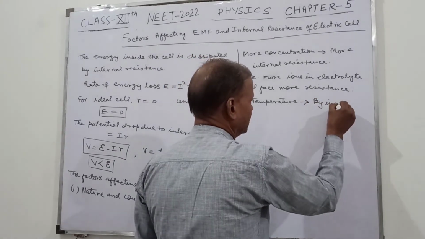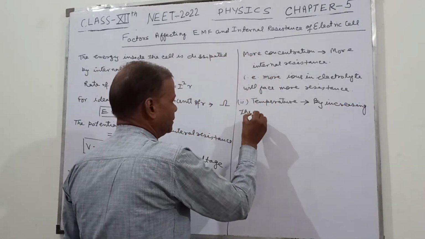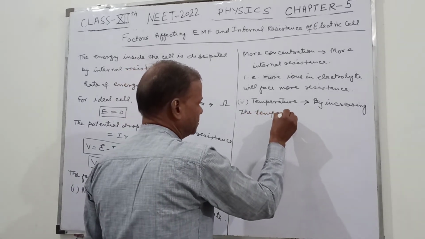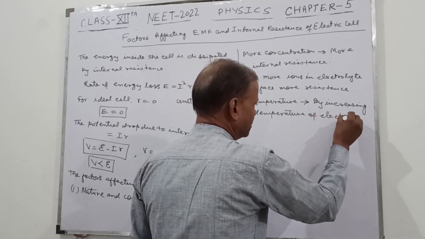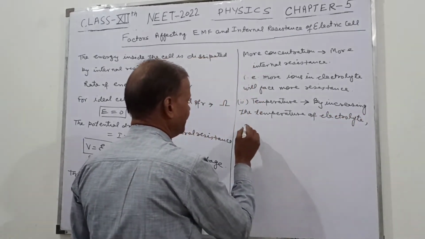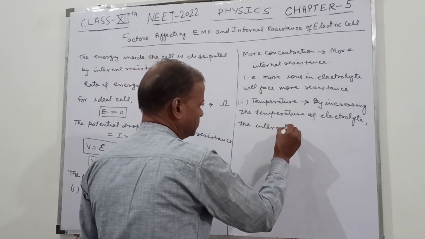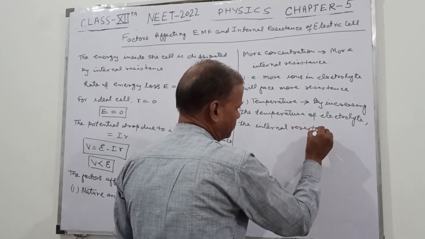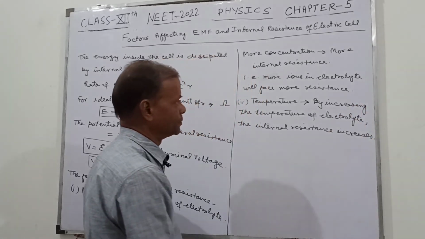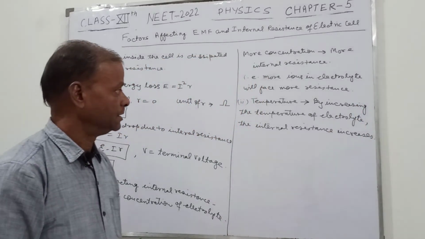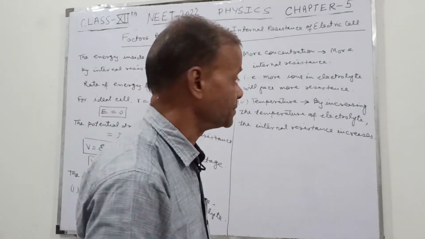By increasing the temperature of the electrolyte, the internal resistance increases. So more the temperature, more the internal resistance.